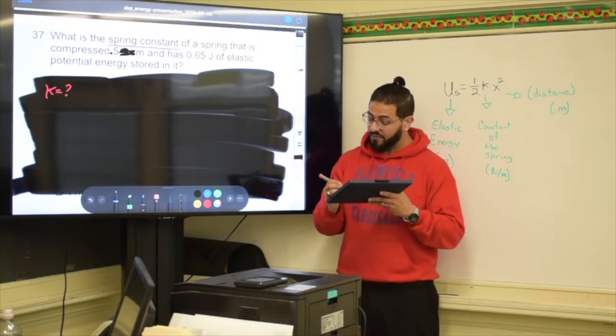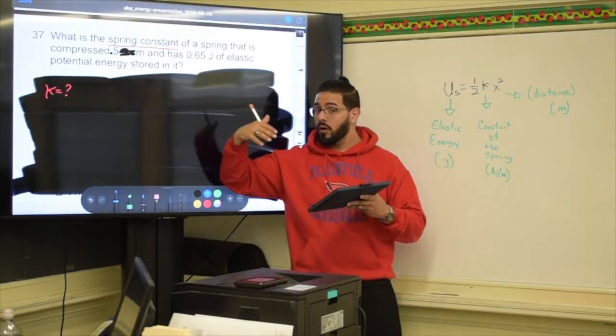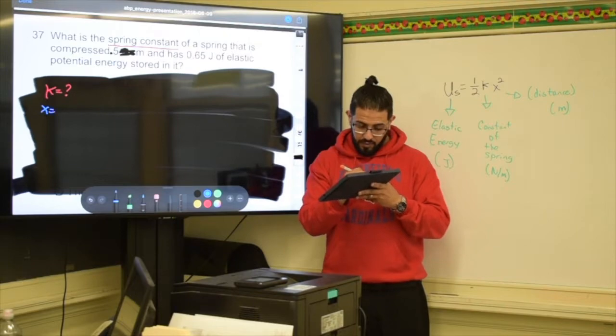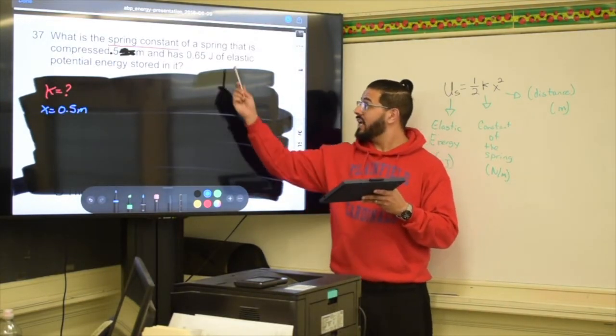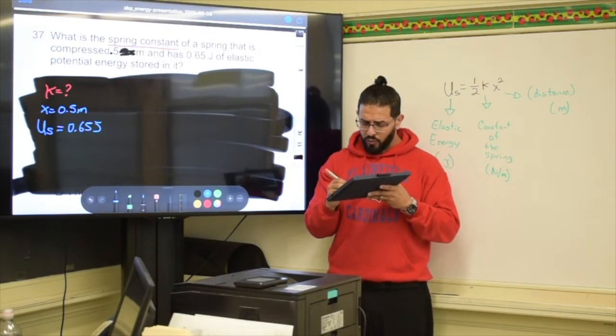Then what we have is x, the length that is being compressed, 0.5 meters. And we have the elastic potential energy, U_s, that is 0.65. Now, we're going to write the equation.